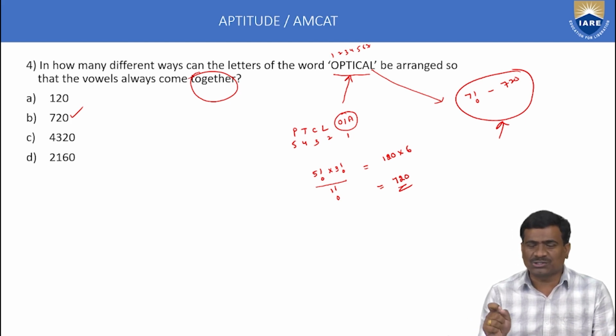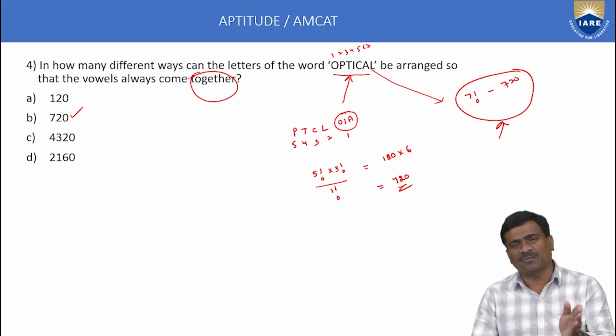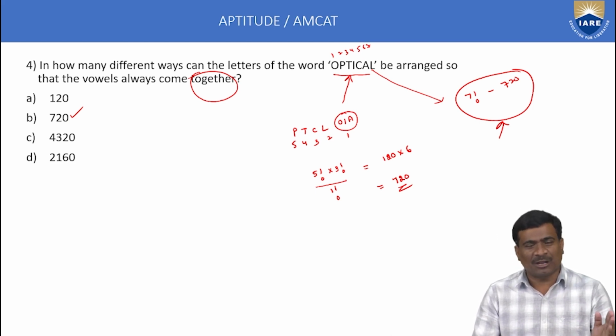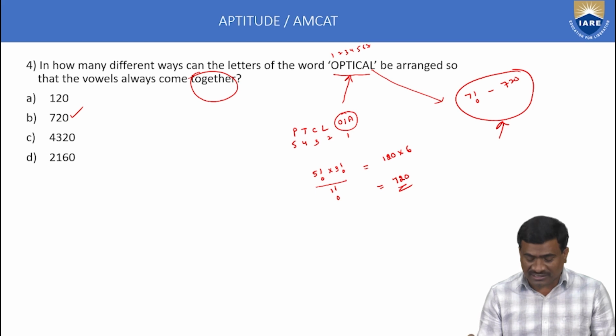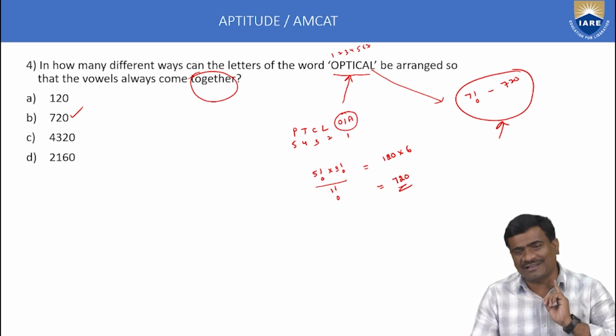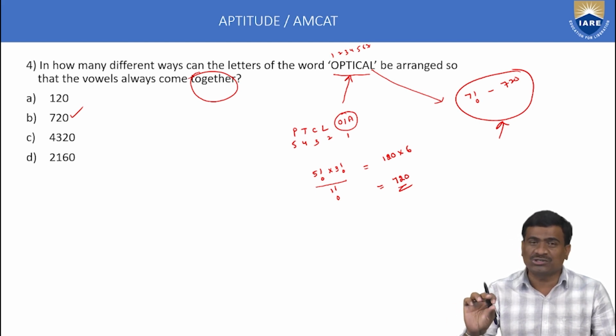Together type questions are given in the permutation concept: 2 boys come together, 1 boy and 1 girl come together, P and E come together, or do not come together. Apply this procedure. The event condition is always written in brackets and always considered as one element. Count the total number of elements; that is n factorial. Again count the event condition's total number of elements.